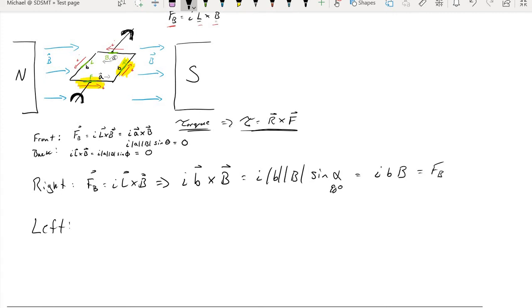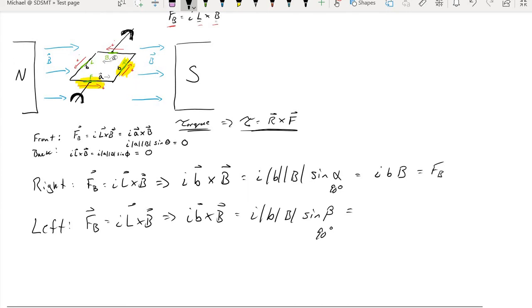For the left-hand leg, we can pretty much just duplicate everything that we're seeing here, because the left leg also has a length of little b. And even though we're on the left-hand side of the loop now, the angle relationship between little b and big B is also 90 degrees. I'm going to call that angle beta.